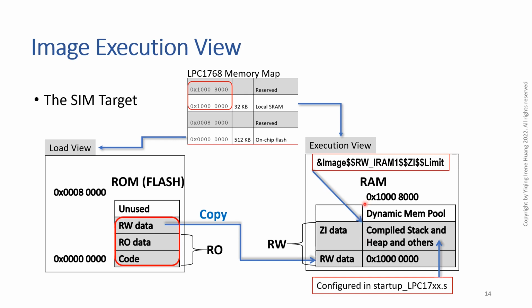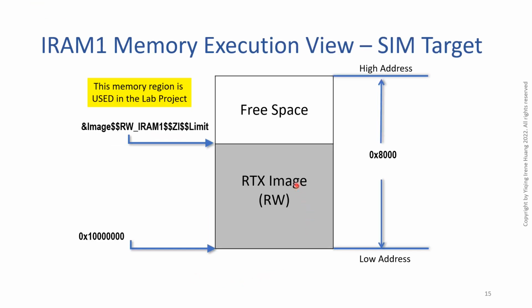And the ending address is basically this one, minus 1. To summarize, we have the RTX image using the lower part of this memory in IRAM1, and then this is the free space we need to manage. We know the starting address of the free space, and we know the end address of the free space as well. So this part is basically what you're going to manage.